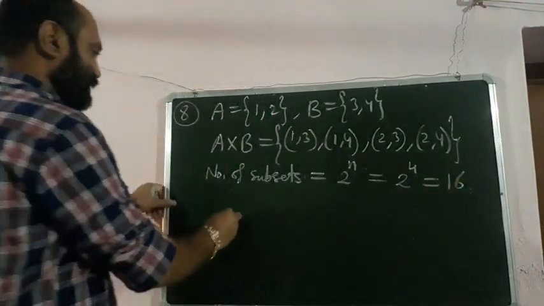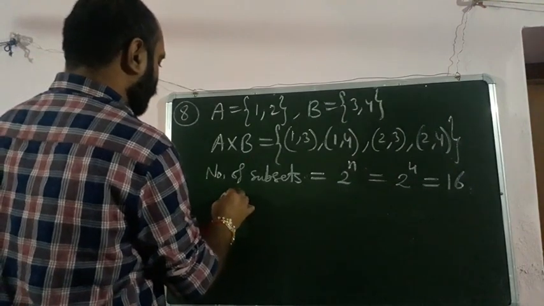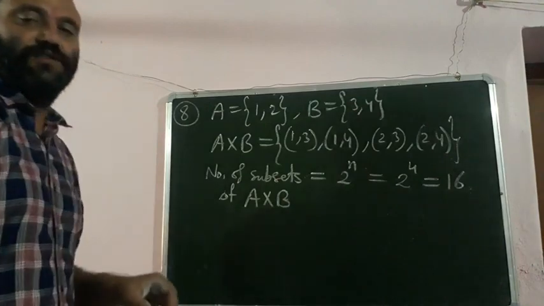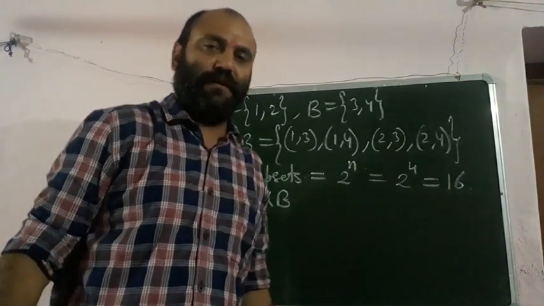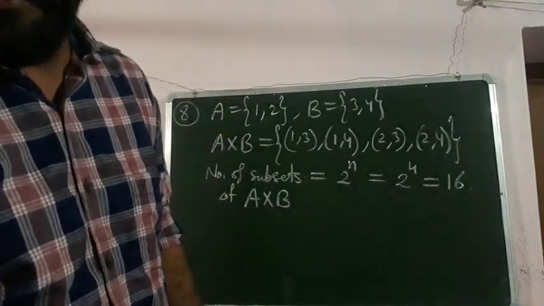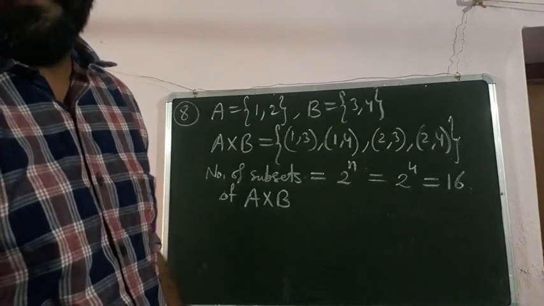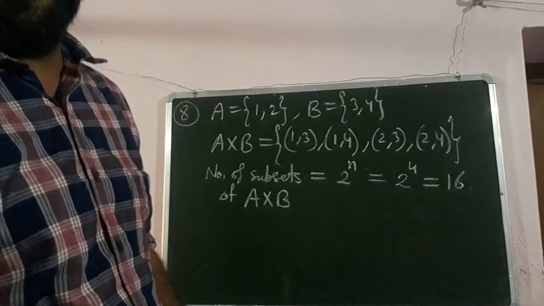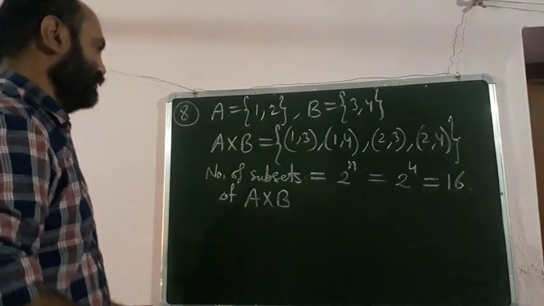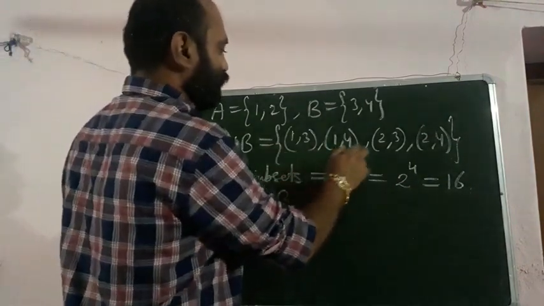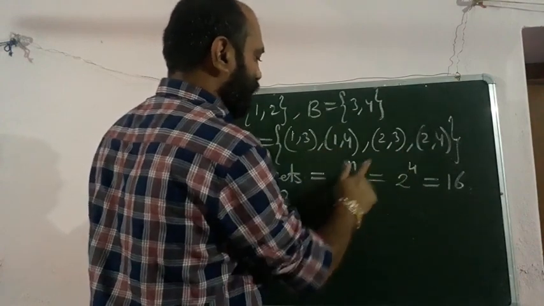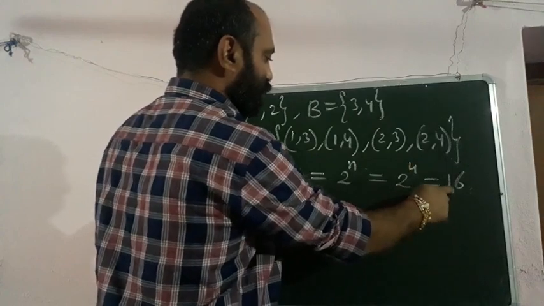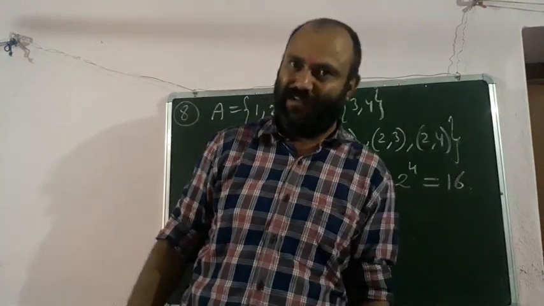Number of subsets of A cross B, how many will there be? 2 raised to the power 4 subsets are there. So 16 is the answer, means 16 subsets will be there in A cross B, because जितने पेयर्स होंगे, जैसे 1 2 3 4, 4 पेयर है तो n की वैल्यू 4 होगी यहाँ पे, तो n की वैल्यू 4 है तो 2 raised to the power 4 means 16 is the right answer.